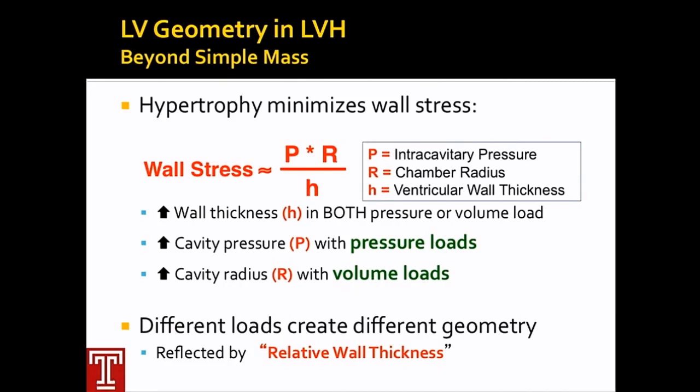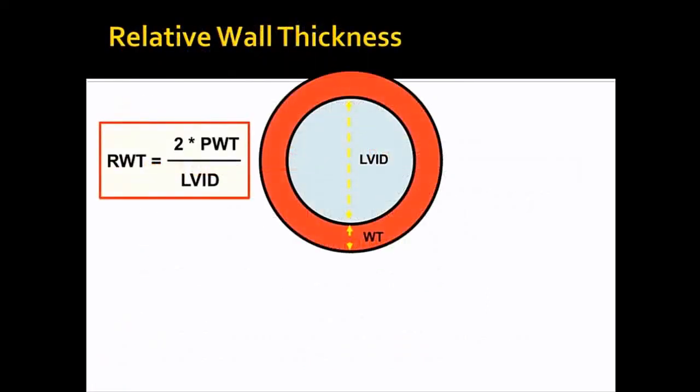The way we express this in echo is something called relative wall thickness. Here's a short axis view of a cartoon LV cavity. Relative wall thickness, RWT, is classically defined as 2 times the posterior wall thickness divided by the left ventricular internal diameter, and is typically approximately 0.33, 0.34.